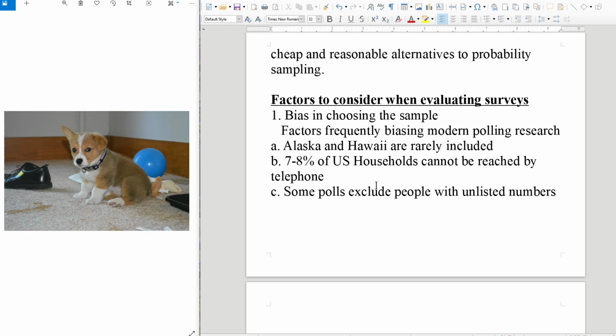The reason is that there is a difference between people who have their numbers listed and those who have them unlisted. Specifically, wealthier people are more likely not to list their number, it turns out. And in different parts of the country, people are more or less likely to list their number. Around here, most people are willing to list their number. When I lived in Los Angeles, most people did not list their number.